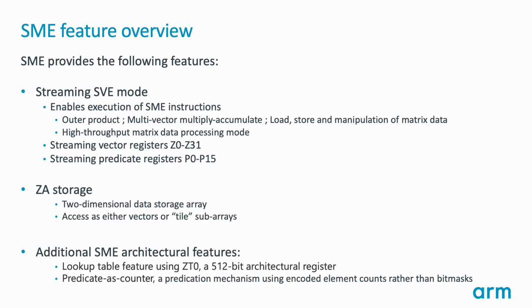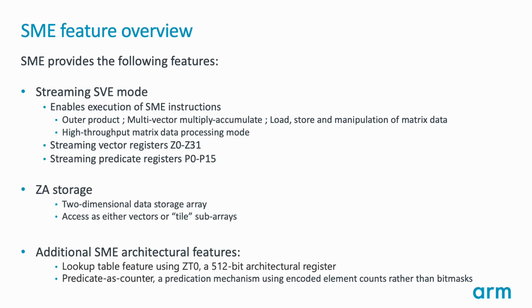Independently, after entering streaming SVE mode, you can turn on or turn off the ZA storage, which means you can turn on the data storage unit within the PE or turn it off. Likewise, you can enter the streaming SVE mode or exit it for execution of the normal stream of instructions. Only thing is, when streaming SVE mode is turned off, we will not be able to execute any SME instructions.